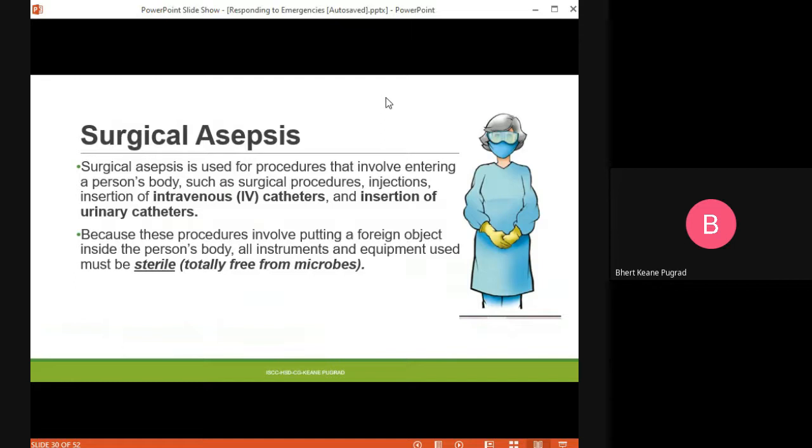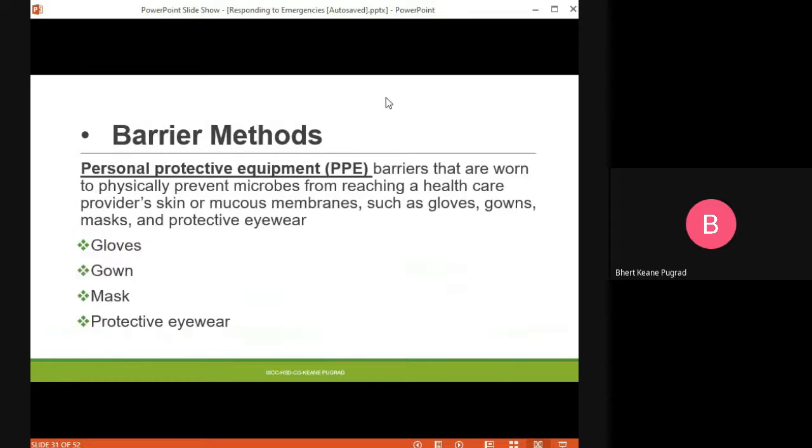Unlike sa safeguard natin, merong 99.9% effective, merong naiiwang 0.01 microorganism. Ibig sabihin nun, hindi yun surgical asepsis, hindi yun sterile kasi meron pa rin natira. Take note, when we say surgical asepsis, dapat ay sterile, meaning totally free, walang microorganism.